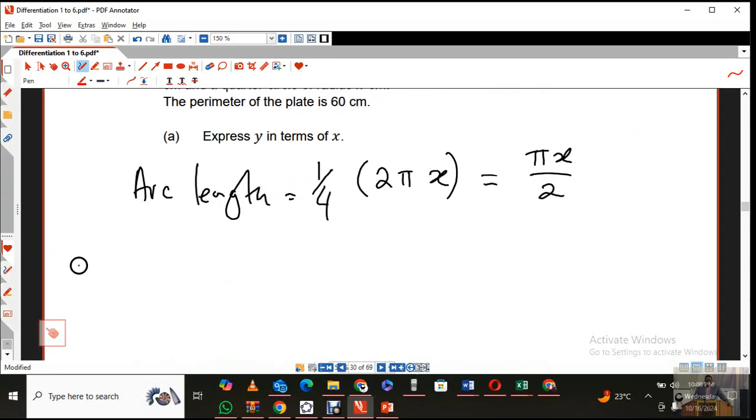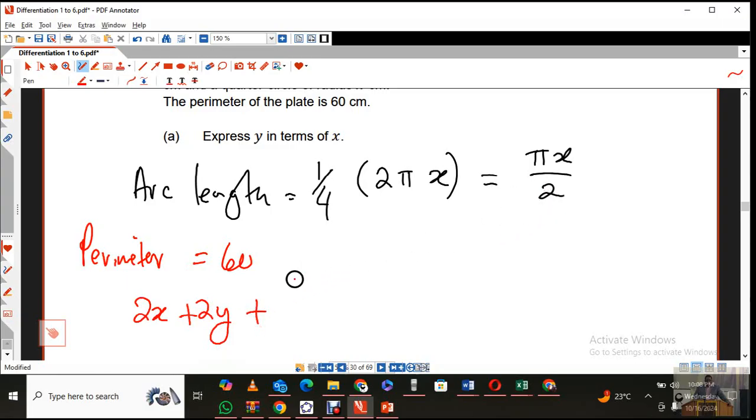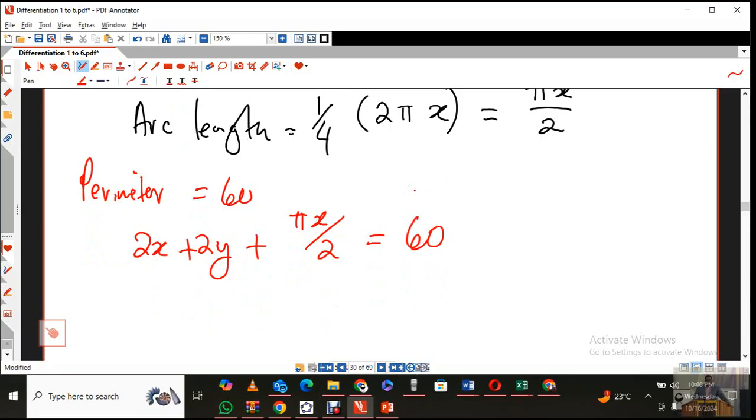So the perimeter, which is equal to 60, I have 2x plus 2y plus that arc length, which should give me 60. They want me to express y in terms of x, so I must make y the subject of the formula. So 2y will be equal to 60 minus 2x minus pi x over 2.